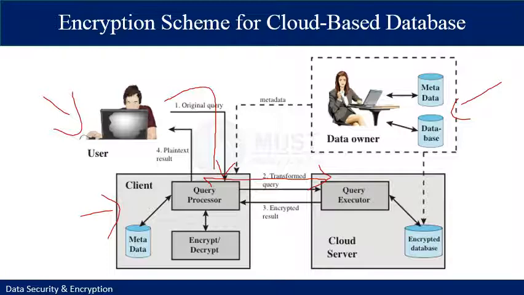So this is a cloud server which requests the data from the data owner, which provides the metadata to the client, and which decrypts the plain text to the user.